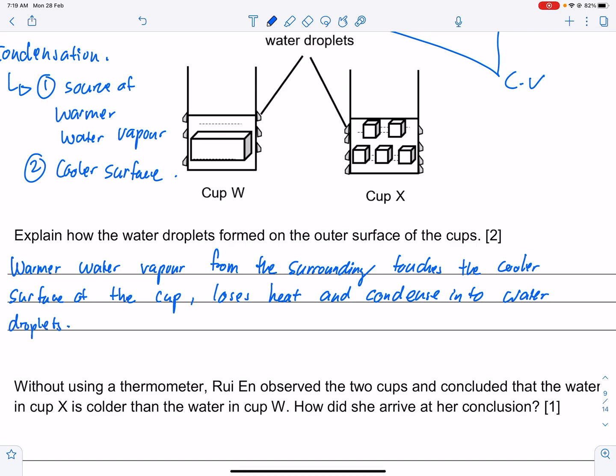By now you should be very clear about the process that involves condensation. Firstly, there must be a warmer water vapor touching a cooler surface, losing heat and then condensing. That's about it.